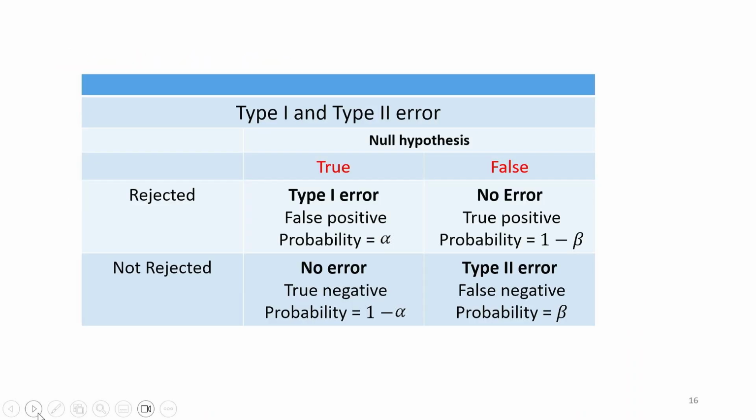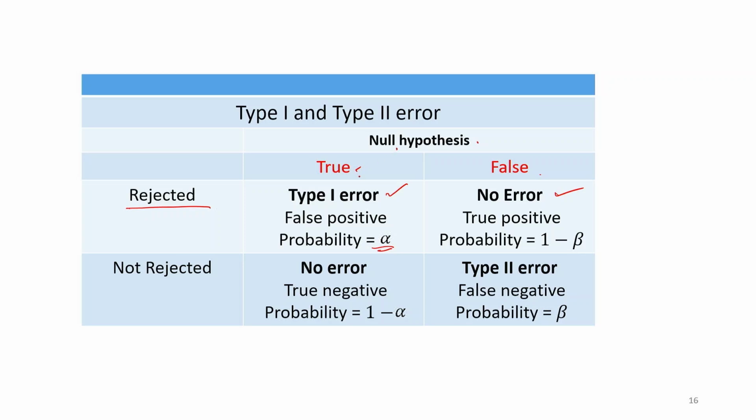If we put them in the form of a table, then when the null hypothesis is true but we reject, we make an error that is called type 1 error. When the null hypothesis is false and we reject it, then no error is made. That is the correct judgment. The probability of making the type 1 error is alpha, that is the level of significance.